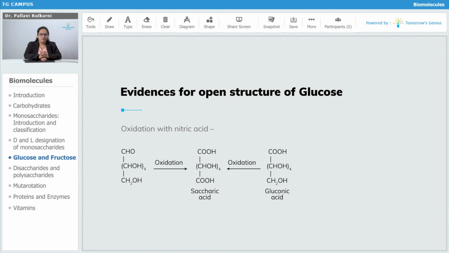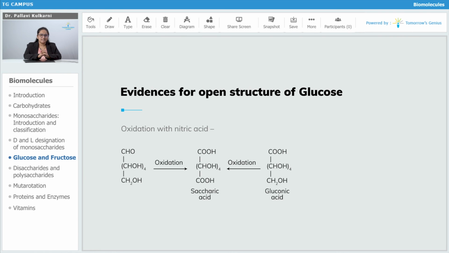The presence of the CH2OH group can also be proved by the oxidation of glucose by a strong oxidizing agent, for example nitric acid. Whenever we oxidize glucose by using nitric acid, it gives saccharic acid.